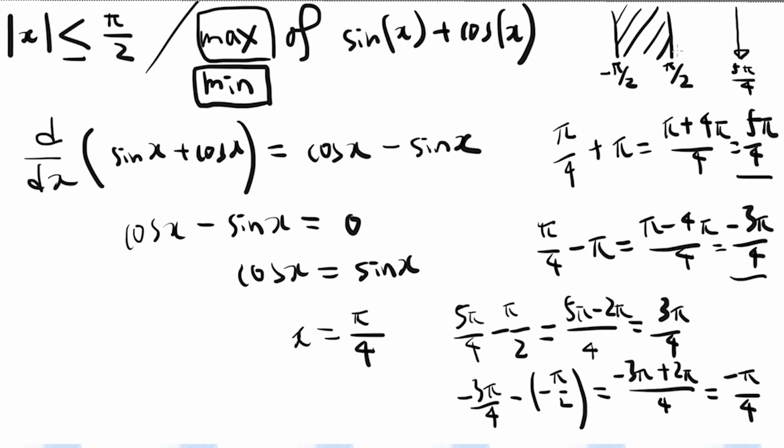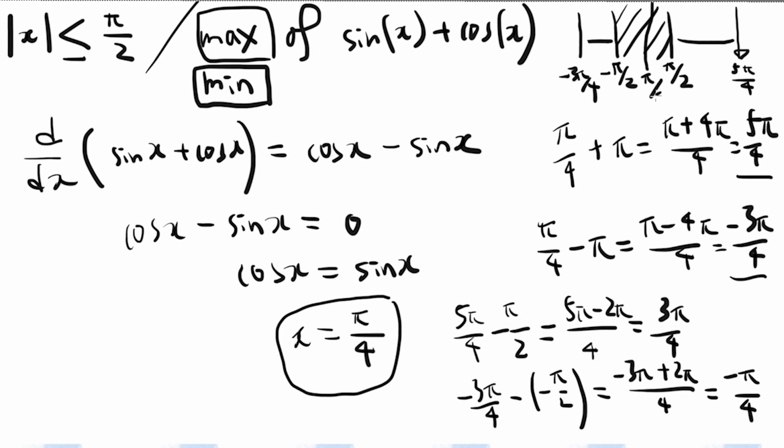The distance between these 2 points is greater than the distance between minus pi over 2 and minus 3 pi over 4 here. So remember that the maximum value lies at x equals pi over 4 and the minimum value here and here, like this, which means that the minimum value inside this domain should be here instead of here.